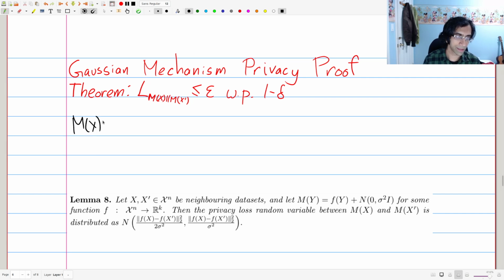M on x is equal to f on x, and then you add some Gaussian noise. Let me write it in a more compact form, which I'll explain in a sec. We write it as the standard deviation times the identity.